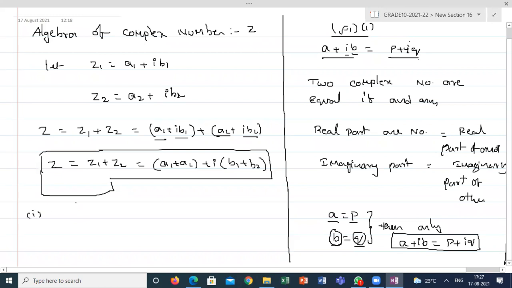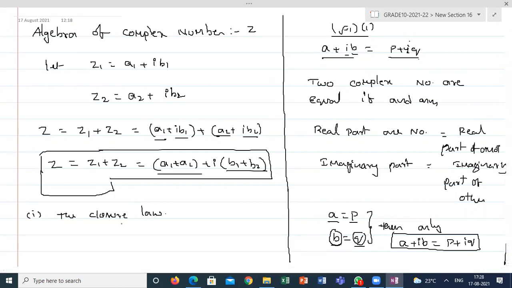See, even after adding two complex numbers, the result is also another complex number. Might be it is 0 also, you will get another complex number. So it is following a closure property. What is the meaning of closure law? The closure law means if I am adding two natural numbers, I get a natural number. If I am adding two integers, I will get an integer. If I am adding two whole numbers, I will get a whole number. If I am adding two real numbers, the result is also a real number.